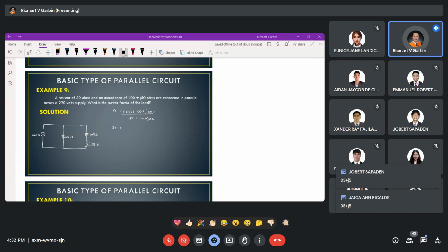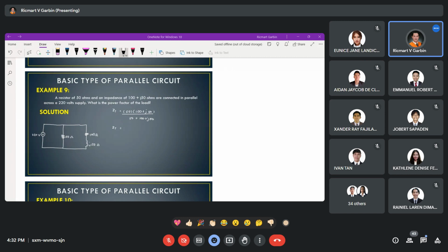Okay, so we have 35 plus J5. So, as you can see here, we have the positive sign of our impedance.